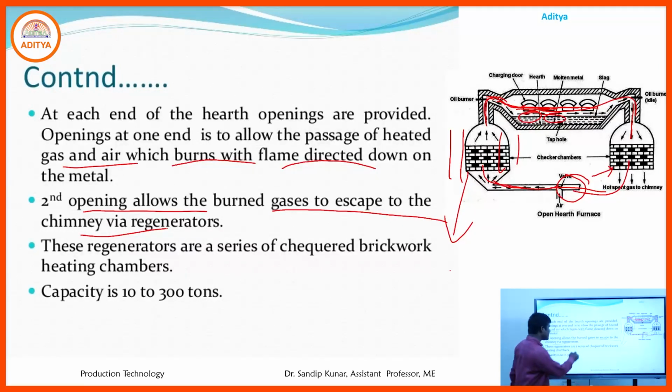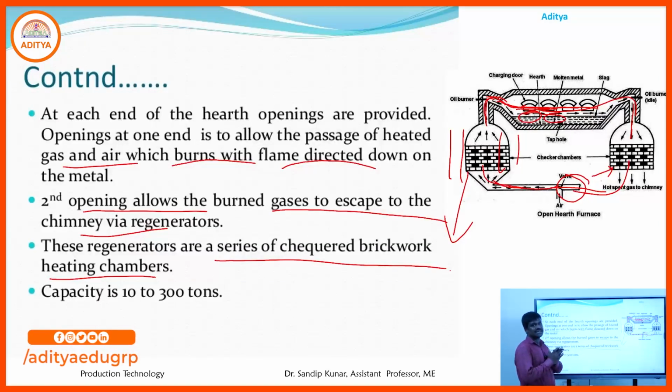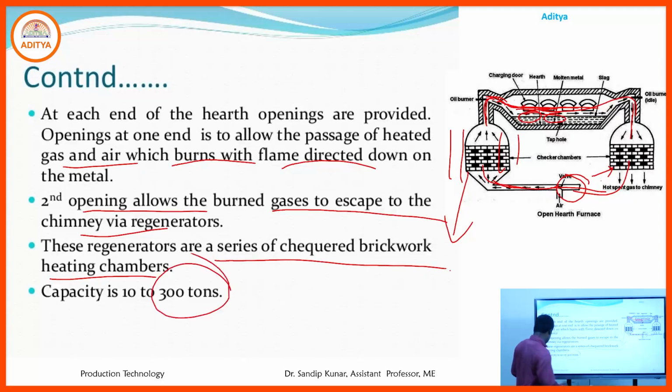These regenerators are a series of checker bricks or heating chambers. Means those heating chambers help to preheat the air and fuel gases also. Capacity is up to 300 tons.